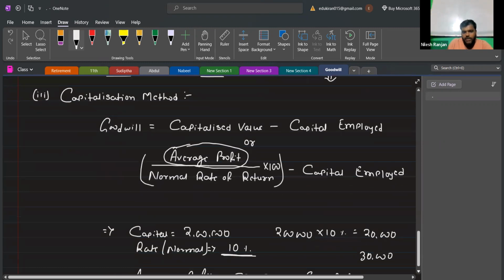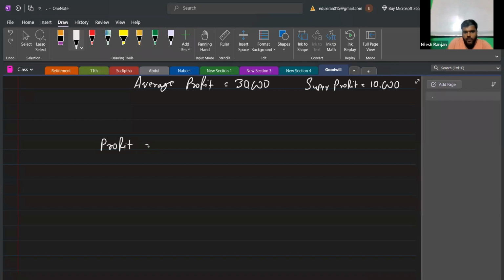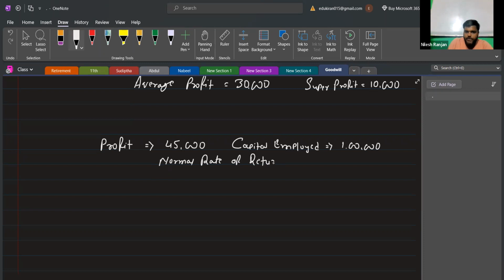Now, in this question, let's say your profit is 45,000, your capital employed is 1 lakh, and the normal rate of return is 30%.